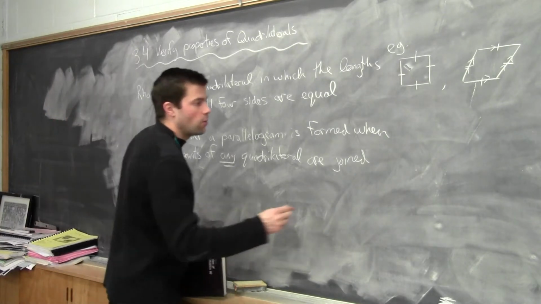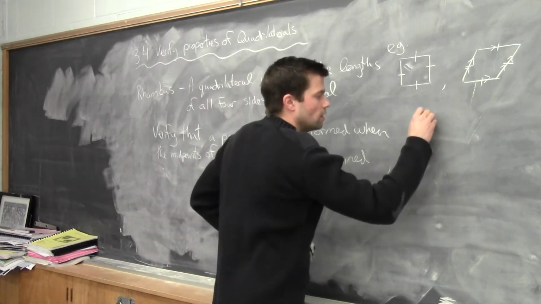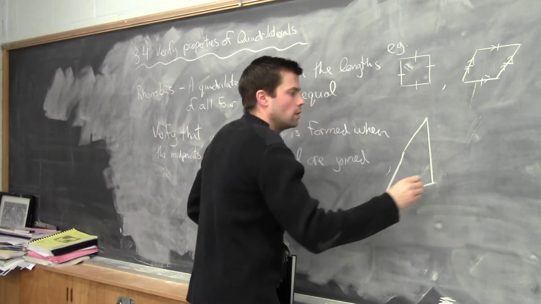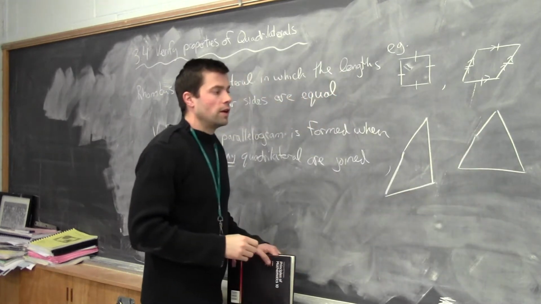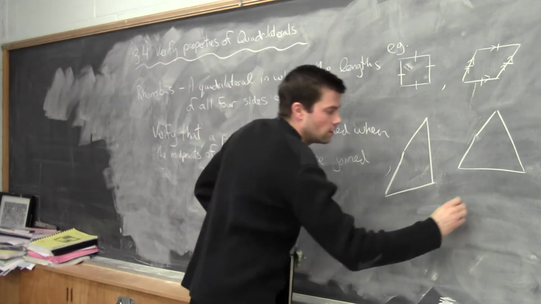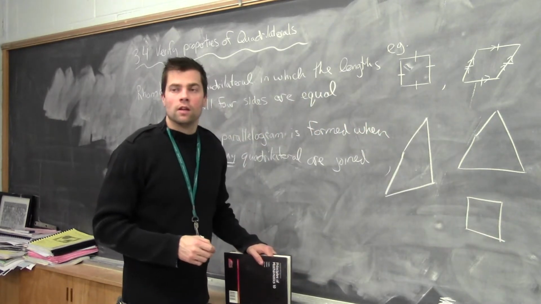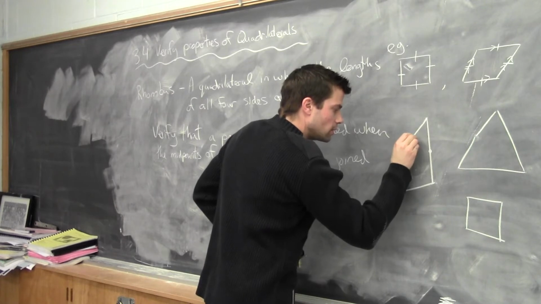So when I say any quadrilateral, I just need four sides. So my shapes can be as strange as I like, or as simple as I like. As long as I find the midpoints of each line segment.